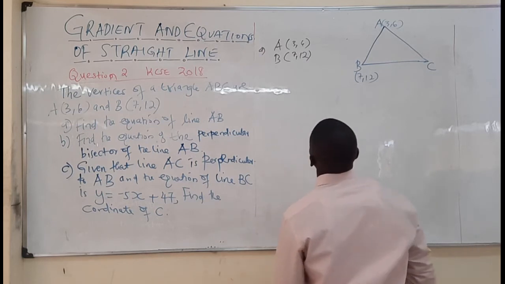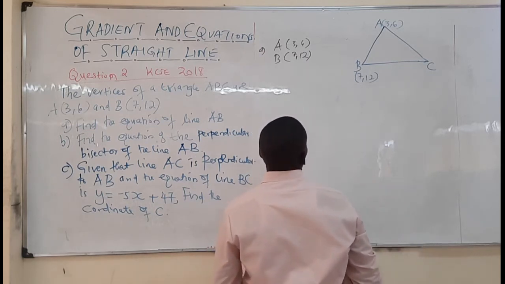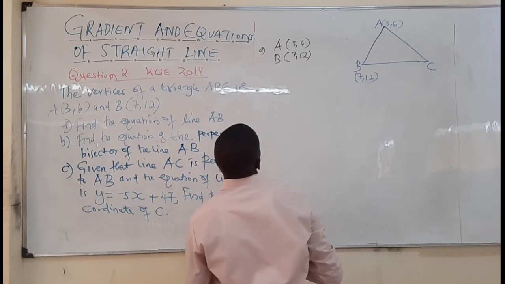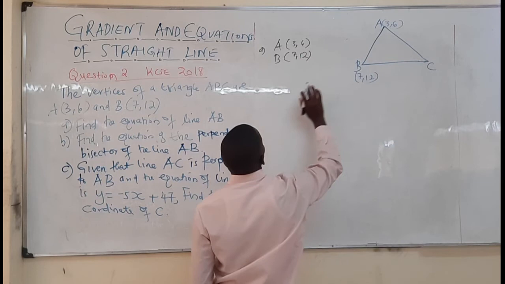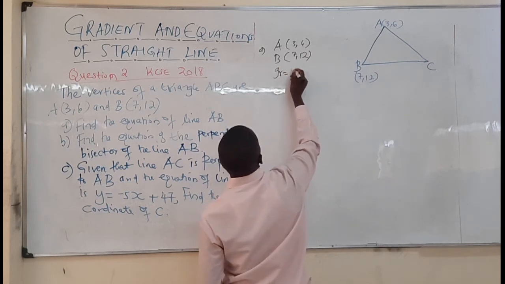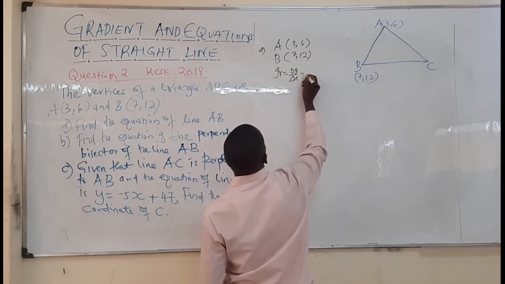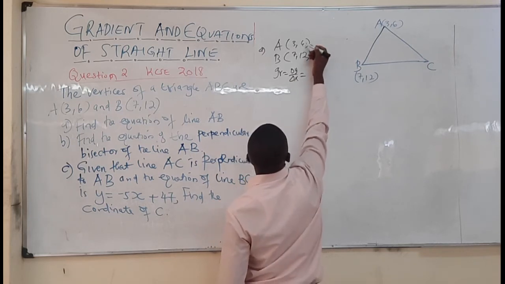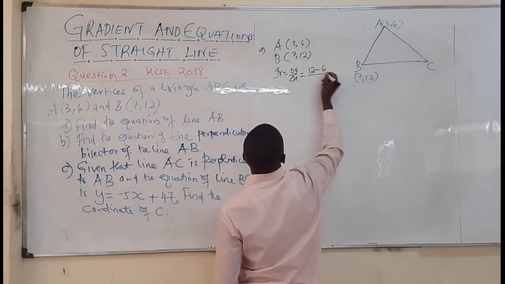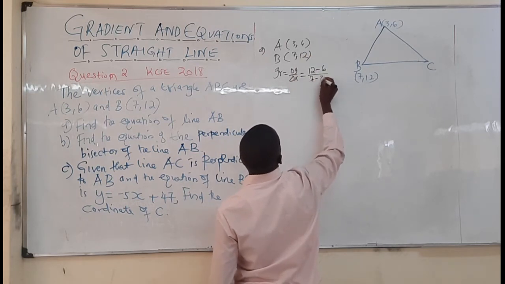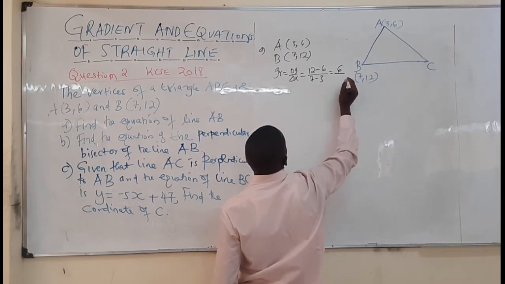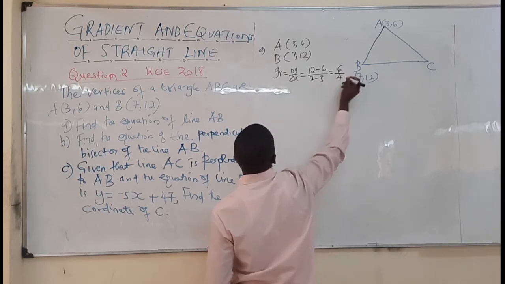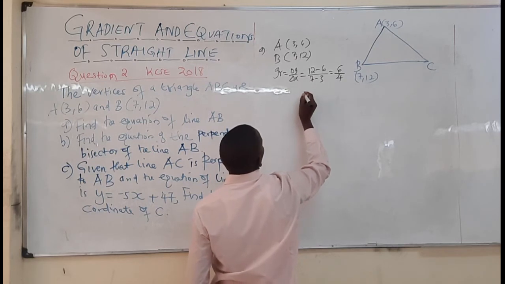The first thing is to get the equation of AB, and the equation of a line given 2 points, of course. The first thing is to get the gradient, which is given by change in y over change in x. So we have 12 minus 6 divided by 7 minus 3. You're going to get 12 minus 6 is 6, and then 7 minus 3 is equal to 4. So the gradient, dividing by 2, is going to be equal to 3 over 2.